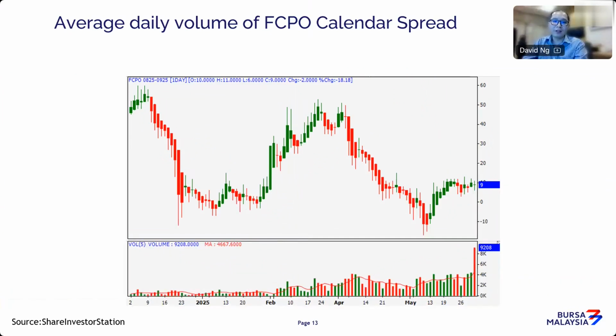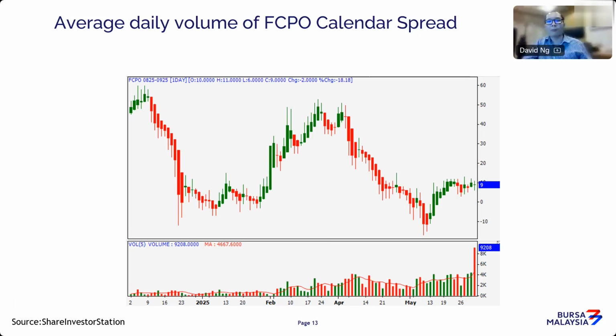Now, this is the average daily volume. Normally the volume will start to build up once the contract becomes very active. For example, if a contract used to be the sixth contract, and as time progresses it gets nearer and becomes the third active contract month, that's where volume starts to surge. If you're trading the third active month, you're looking at easily 4,000 to 6,000 contracts, which is quite huge, and the liquidity is there.